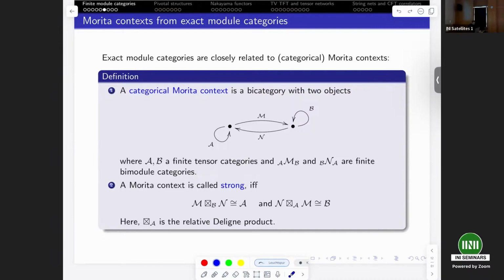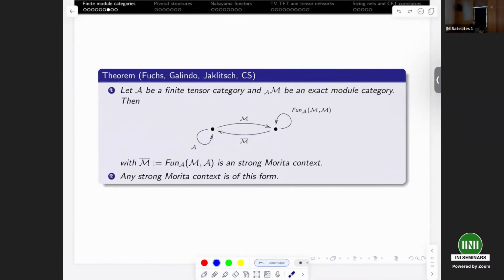Okay, there's a first result. If you have an exact module category, well, then it's a module category over a monoidal category, but we have, very quickly, another monoidal category, which is frequently called A_M star.